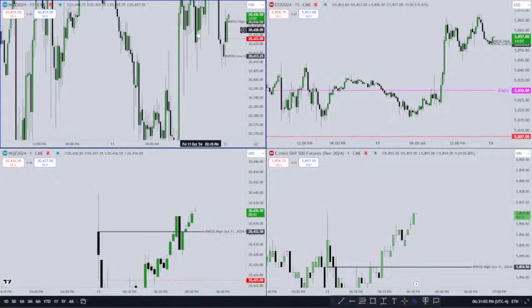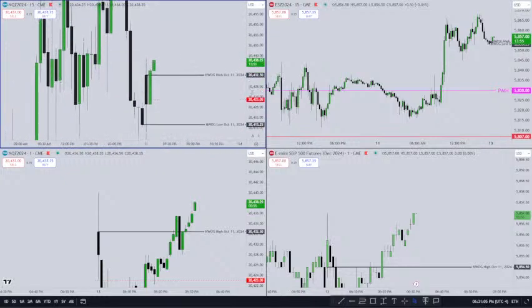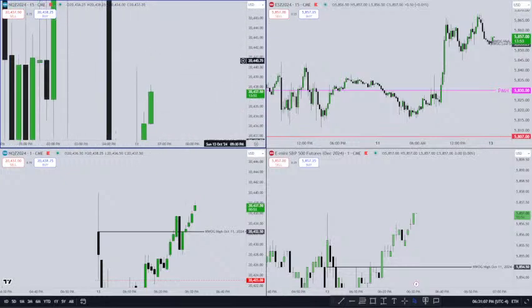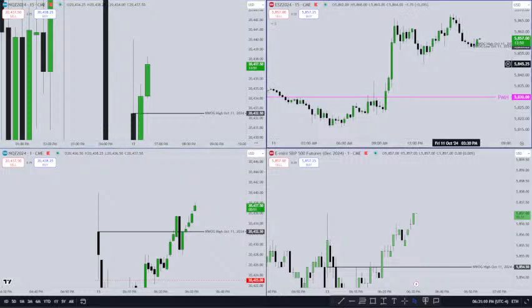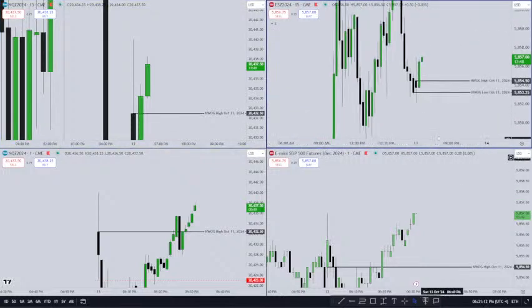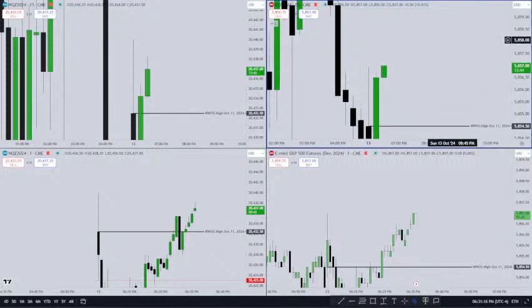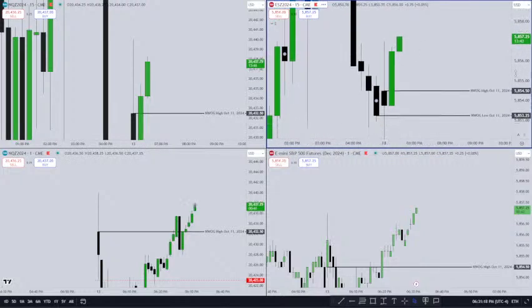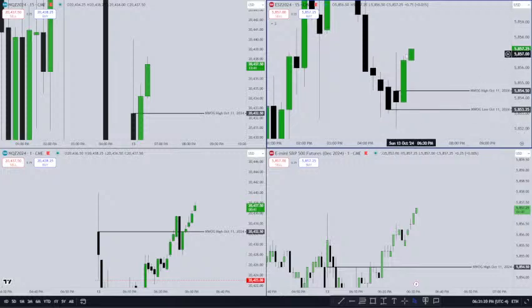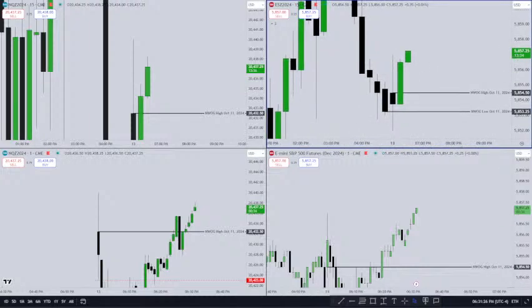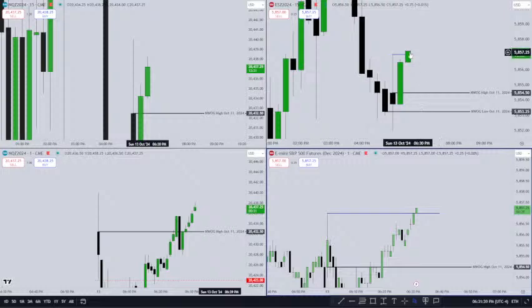So I'd go on a 15-minute chart and measure now. The only two things I'm really looking at here are these two charts. And on a 15-minute chart, how high does this candle go above this candle's high? Just that blue line.